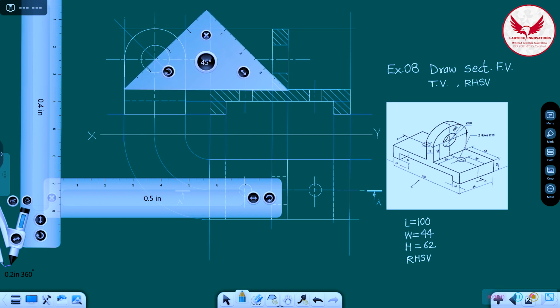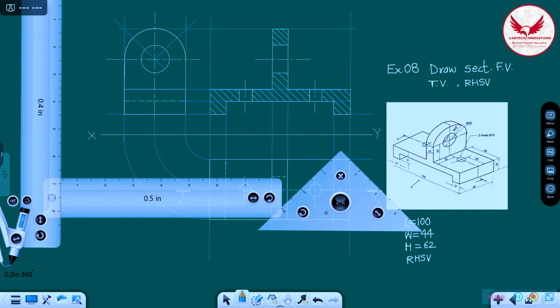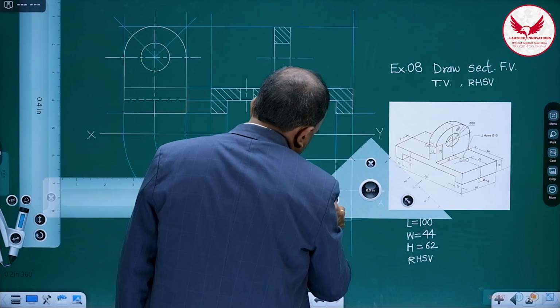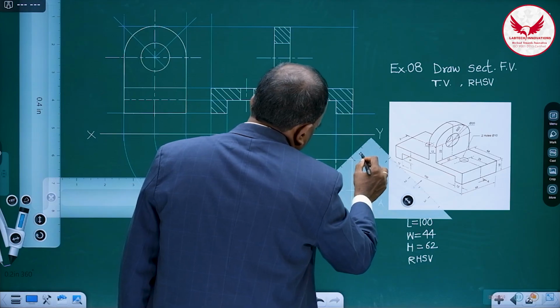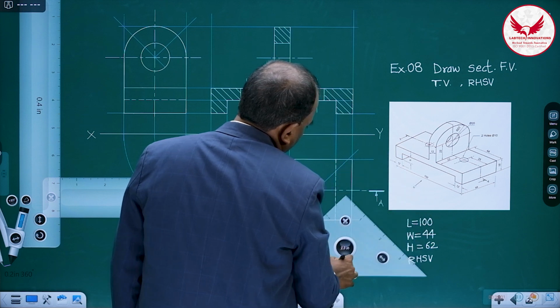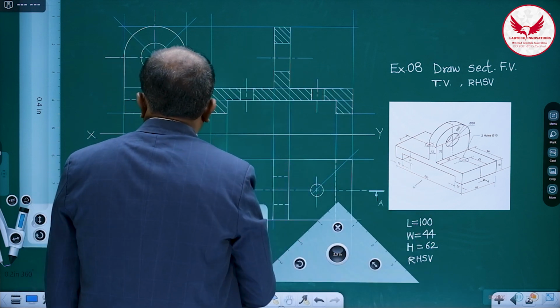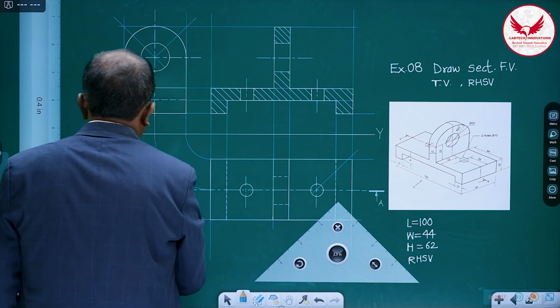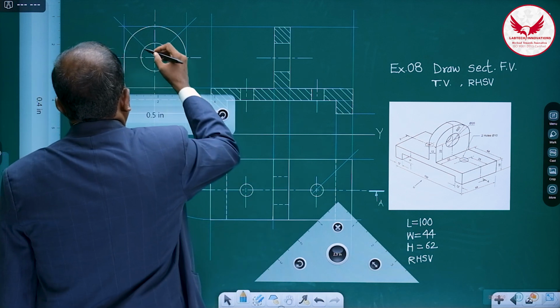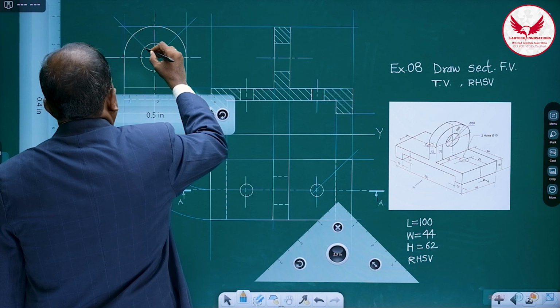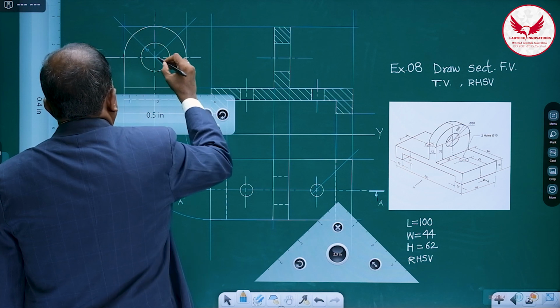Then when such small two-three holes are there, instead of giving all the dimensions, you give the dimension for one hole and you write 2 holes like that. So for this, the procedure is something like this. So this is the diameter.